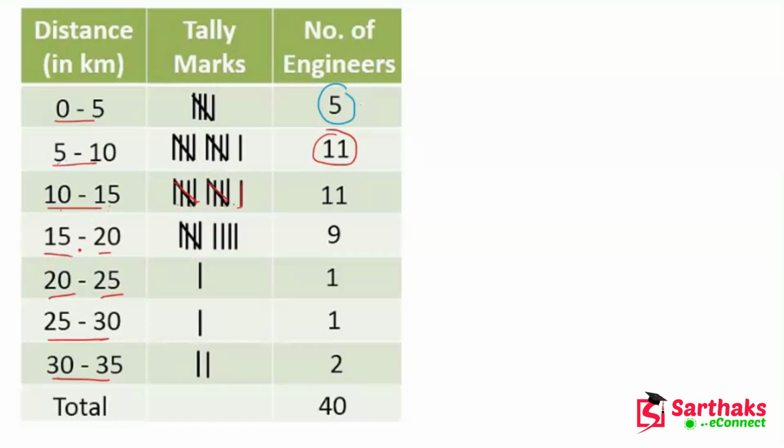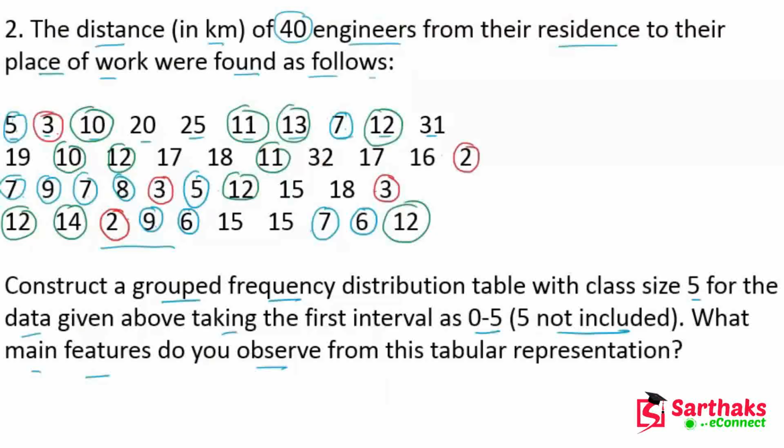Now let's see the distances which lie between 15 to 20. Here 15 is included, 20 is not included. Here you can see we are changing the color.